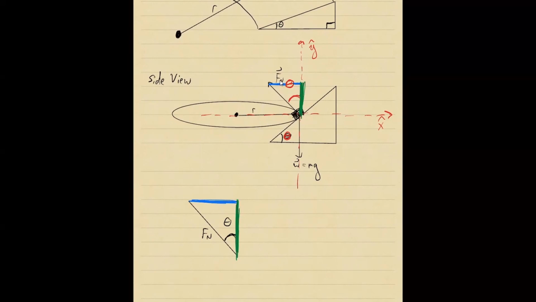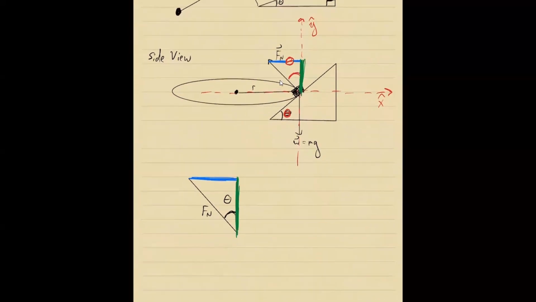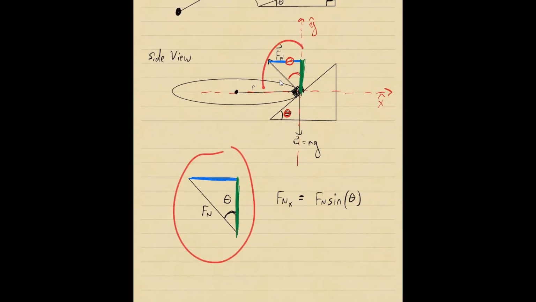And so in this case, the magnitude of the x component, we'll call that Fnx, is given by the magnitude Fn multiplied by sine of this angle theta, just based on this triangle that we've created here.